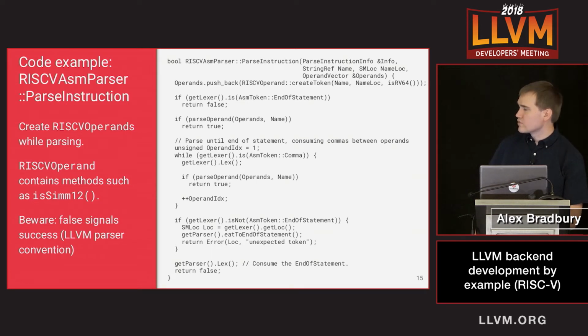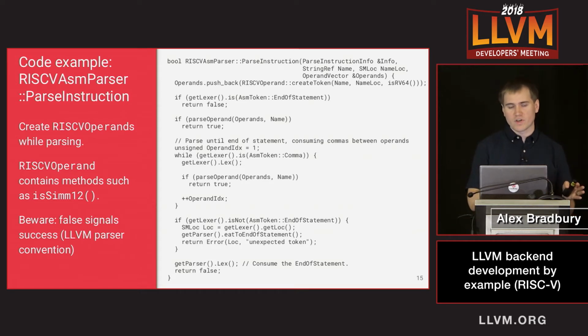At the point parseInstruction is called, it's already grabbed the token for the instruction name. So we add that to a list of operands that we're building. I guess operand is a slight misnomer. We'll then cycle through, try and parse each additional operand. As there are commas, we skip those, and parse the next operand until we get to the end of the statement.